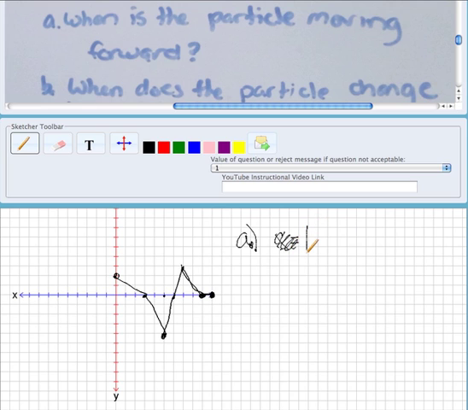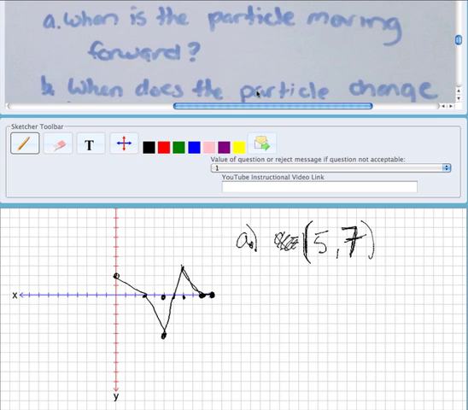I'm just going to do the open interval from, I think this is x equals 5 to x equals 7. So from 5 to 7. Whenever there's a positive slope, that means it's moving forward.